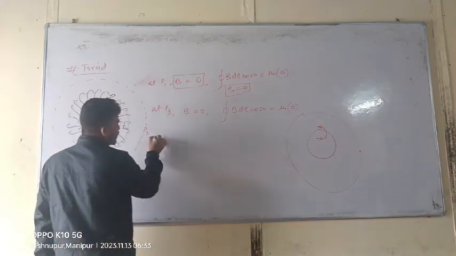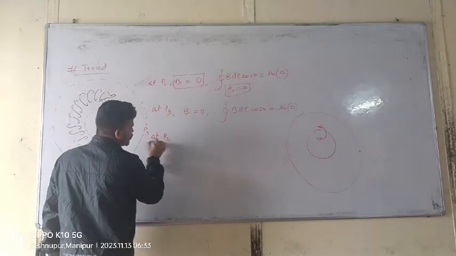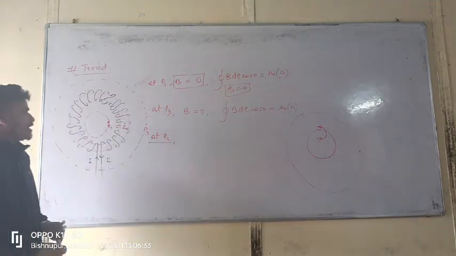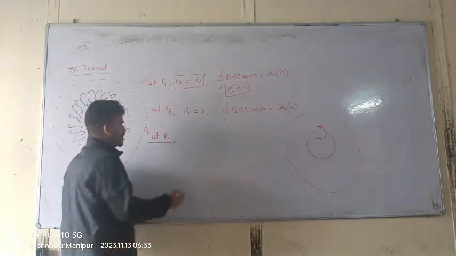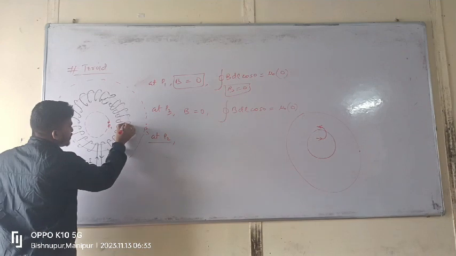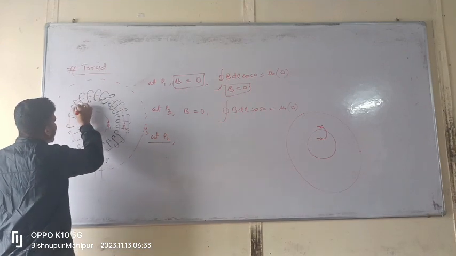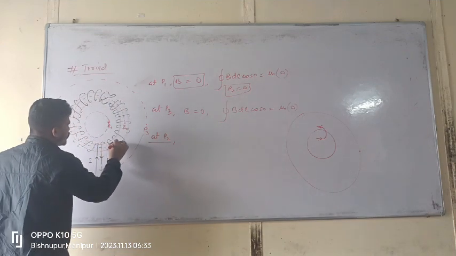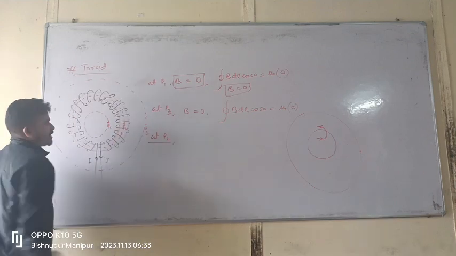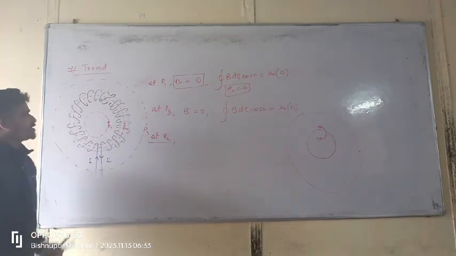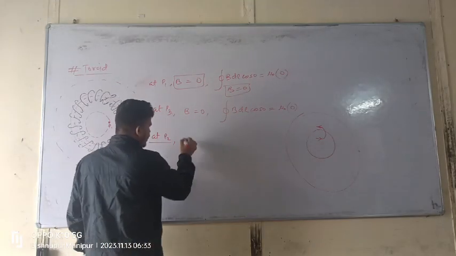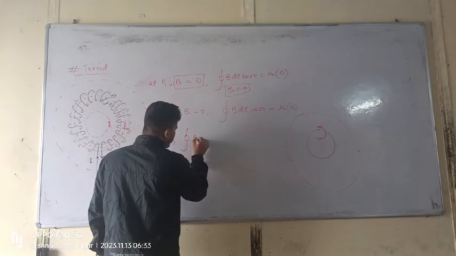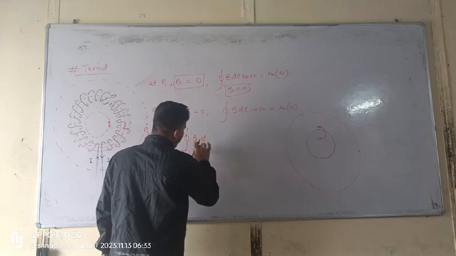What about here? At P2. Here it will not be 0. Why? I'm telling you. Just imagine a circular wire, a circular ring. Now, if you imagine a circular ring, what will be the closed integral of B dl?